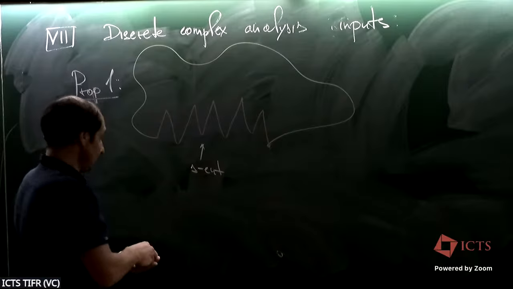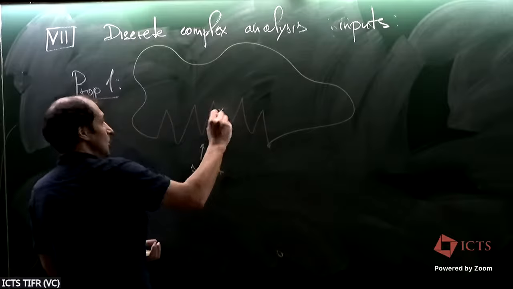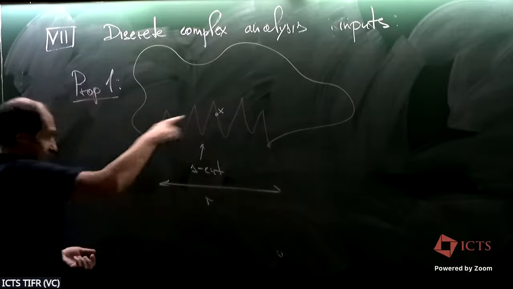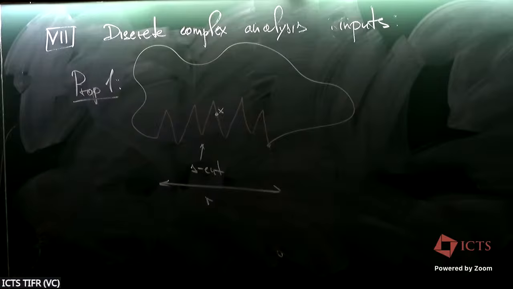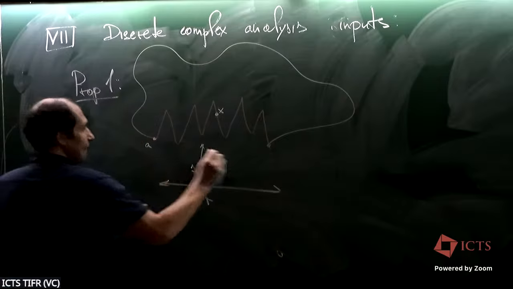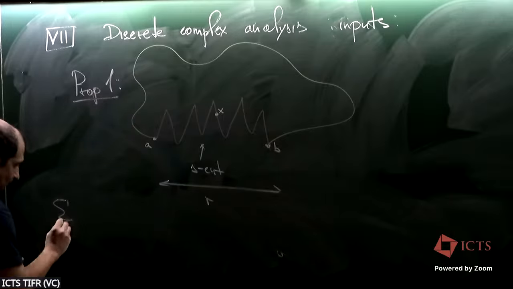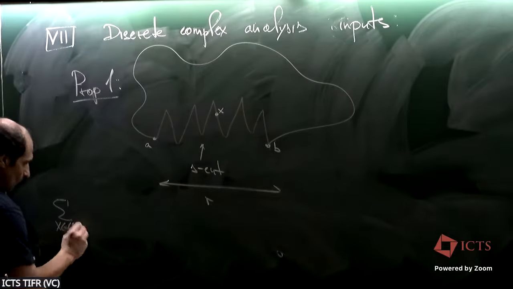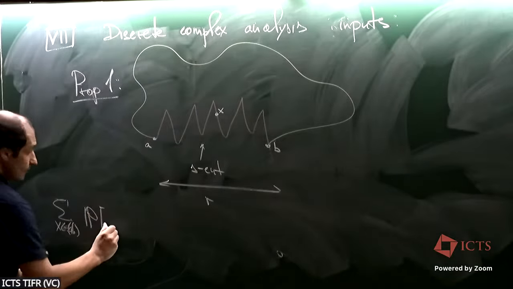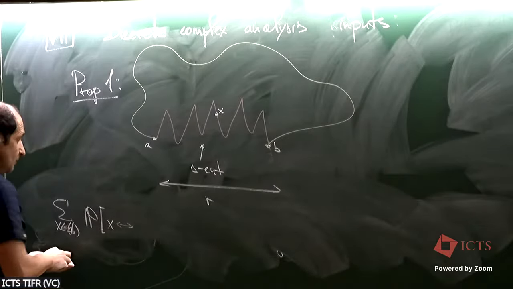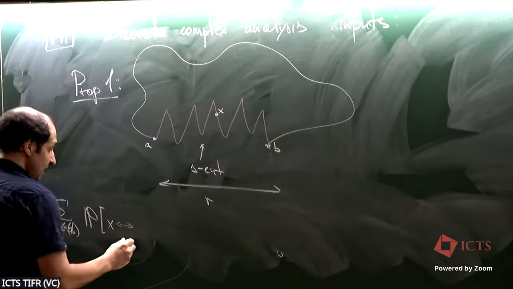Now what I'm doing, I'm summing over all boundary points, and let it be the length. So this is KB. The probability is that my point X is connected to BA.